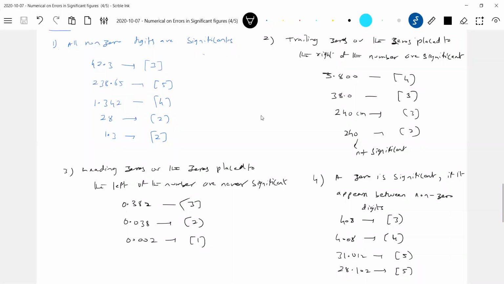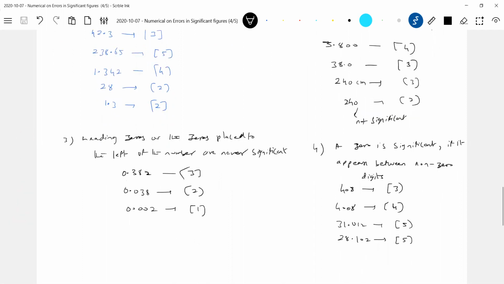I think these are very simple rules, no concept, just certain rules that you have to follow. And after this, we'll go for the scientific notation. So how to express a number in scientific notation.